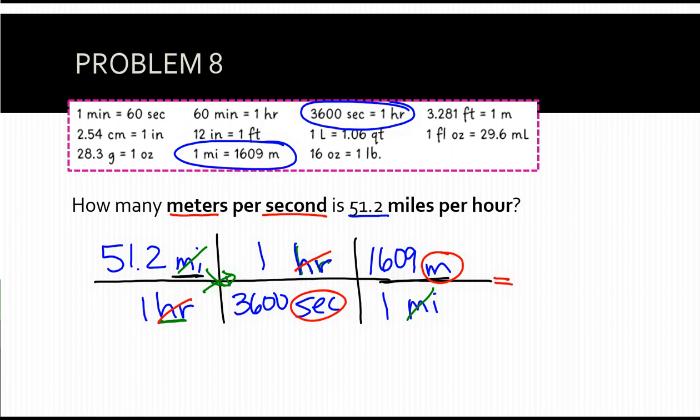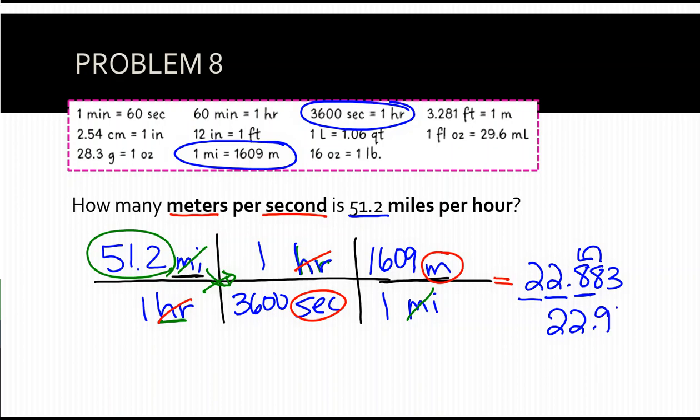So yes, we get 22.883. How many significant figures did we start with in our original measurement? We started with 3, so we're going to keep 3. Keep the 2, keep the 2. What do we do to this 8? It goes up, so this is going to be 22.9 meters per second. So you need to have M over S.